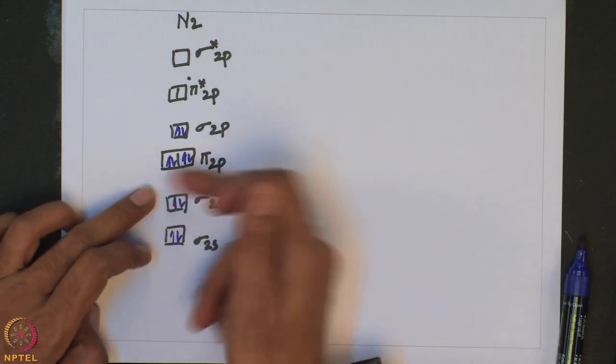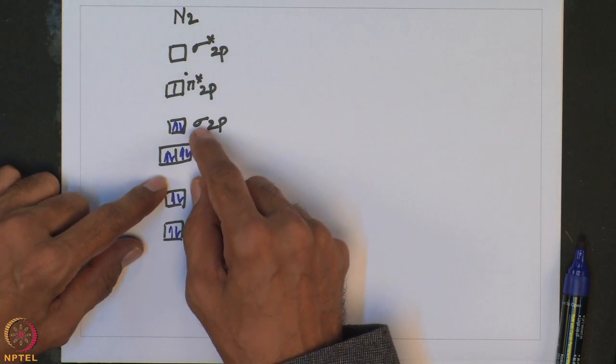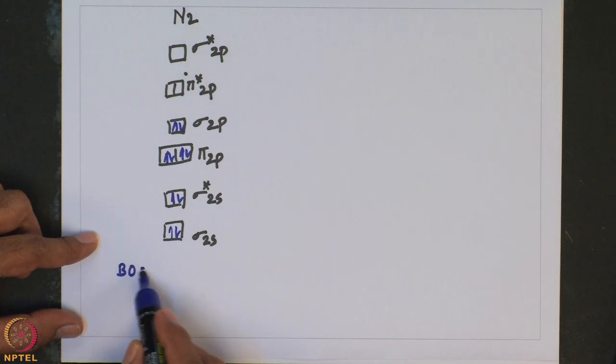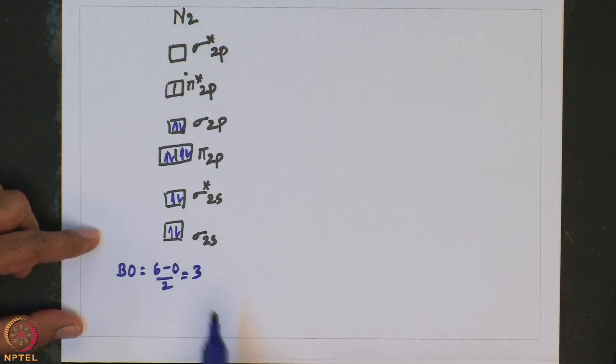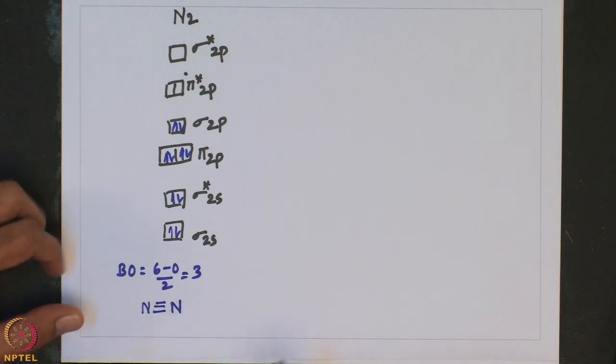Of course, for N2, between these we have 6 electrons, so I can calculate the bond order. For N2, bond order equals 6 minus 0 by 2 equals 3. So, the bond order is 3, which indicates there exist 3 bonds between the 2 nitrogen atoms.